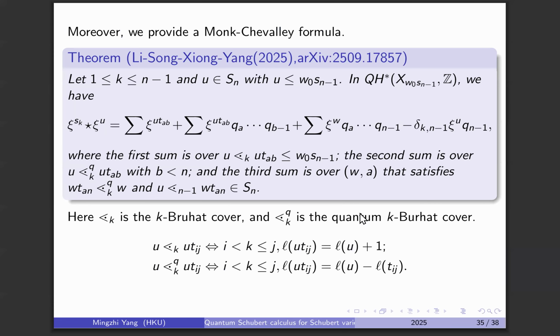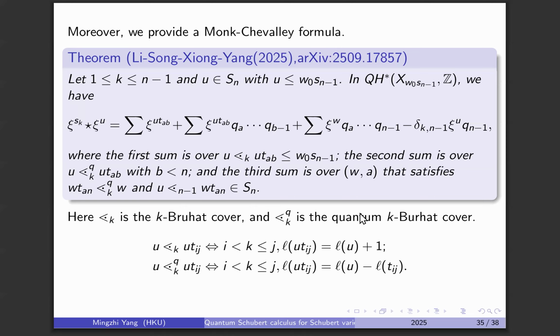Moreover, we have a ring presentation. We have a representative for the superclass, and then the question in supercalculus is the product of superclasses. In general it must be difficult, but for some special superclasses, you can multiply by a general superclass and give the product. For example, if a superclass is indexed by a simple reflection, then such a formula is usually called a Monk or Chevalley formula.